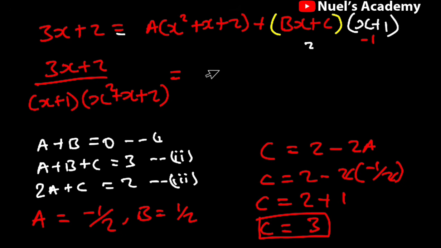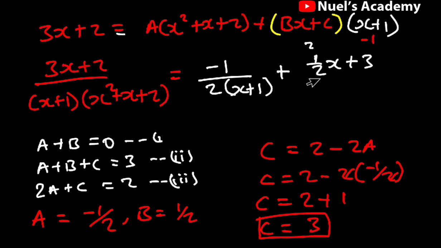So this is equal to minus 1 over 2 multiplied by x plus 1, then plus bx plus c. B is half x plus, and then c is 3, divided by x squared plus x plus 2.